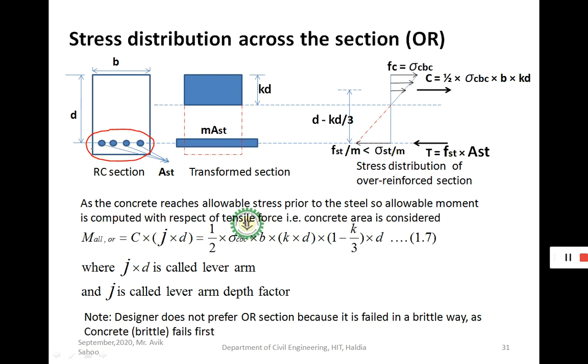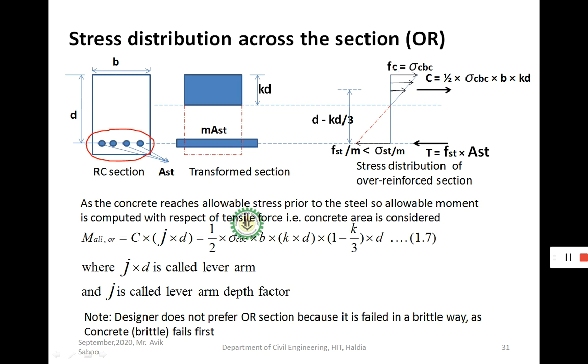Here the amount of steel is more than the balanced section. Obviously the diameter of the bar remains the same in both sections. So here 4 number, and in the balanced section only 3 bars. So this is a transformed section.